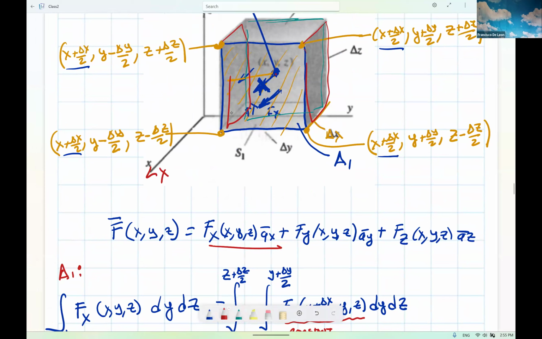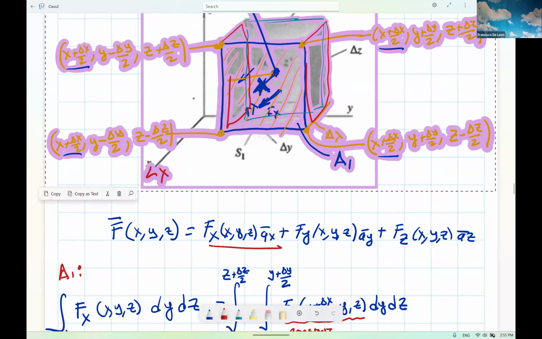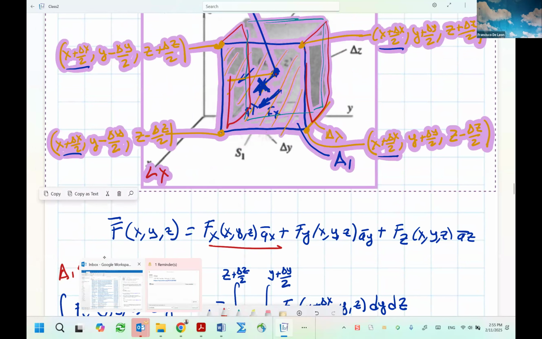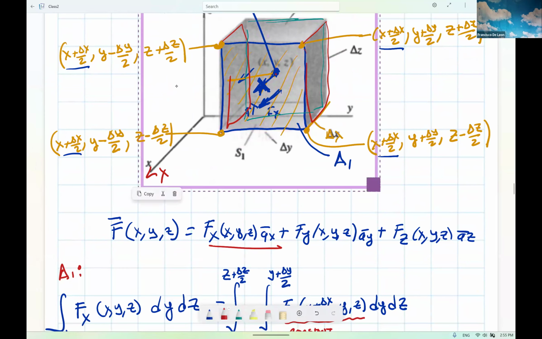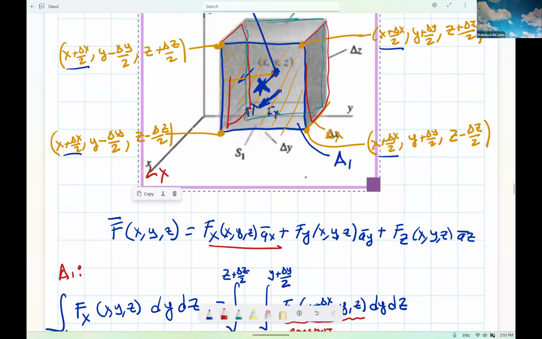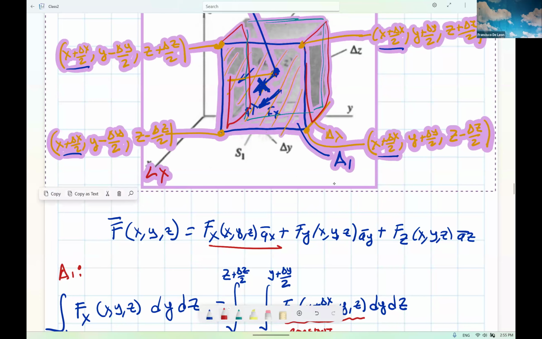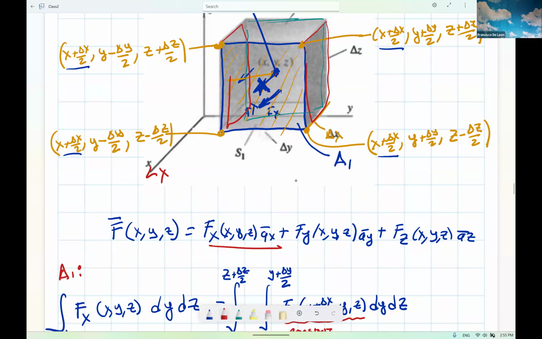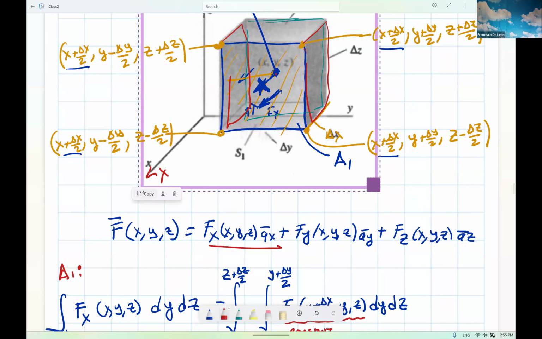Let me see if I can extract it again. Come on. What is happening for us? Lower left. Okay.